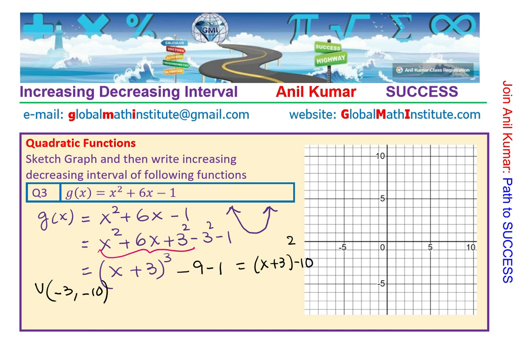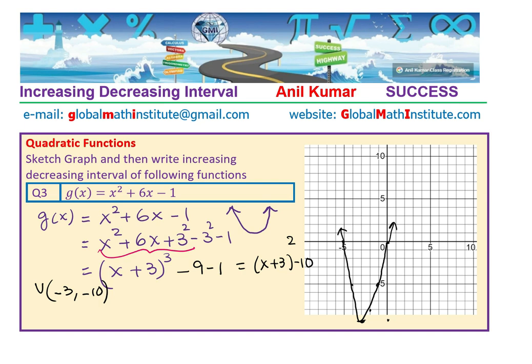Minus 10 is beyond the graph shown here, let's say about this point. So at minus 3, let's say that's the parabola vertex. And going with 1, 3, 5, 7 steps, we can draw the parabola as shown here, right? Perfect.